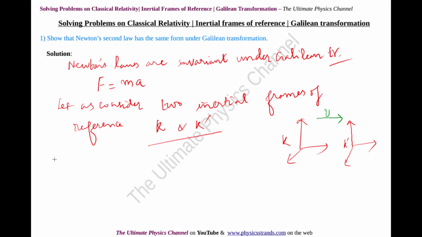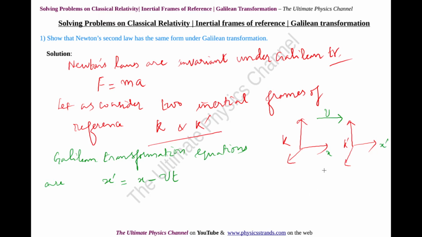Now how will we write the Galilean transformation equations for this particular situation? For the K prime we have x prime coordinate, that is going to be x minus vt, because along the positive x direction there is this relative velocity v.